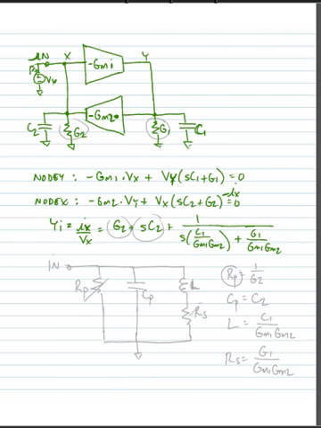Now we could make an equivalent circuit here that looks as follows. We would have a resistance in parallel with a capacitance. That would represent this G2 term and this C2 term. And finally, we would have this all in parallel with an inductance in series with a resistance.